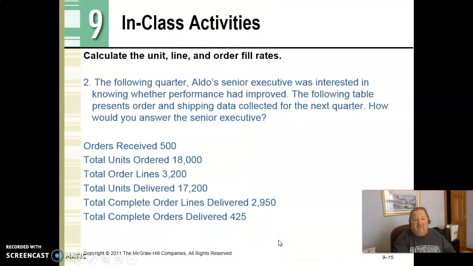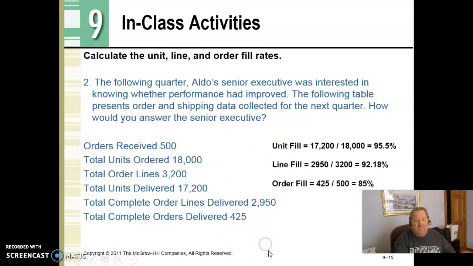In our last video, I ended with this problem for you to complete. You were to calculate the unit, line, and order fill rates from the information given. Here are the answers. Unit fill, number of units delivered divided by the total units ordered, gives you 95.5.